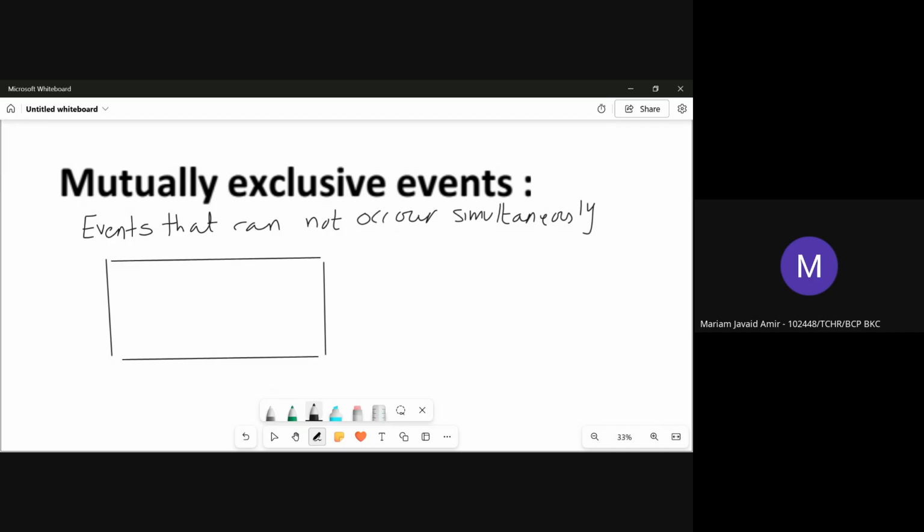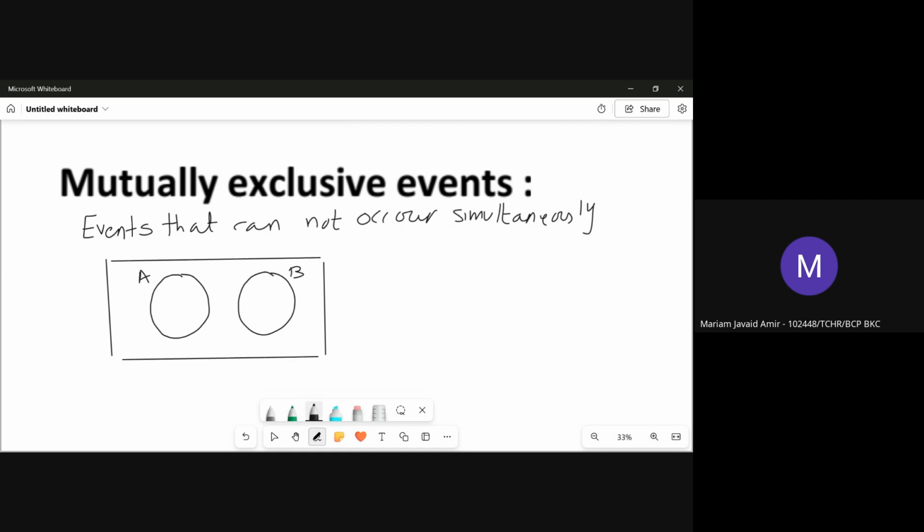So if I try to show that on a Venn diagram, this would be event A and event B would be drawn separately. There will be no overlapping region.